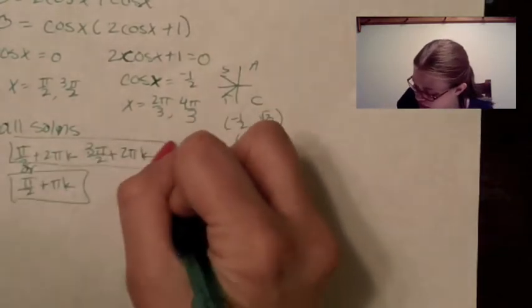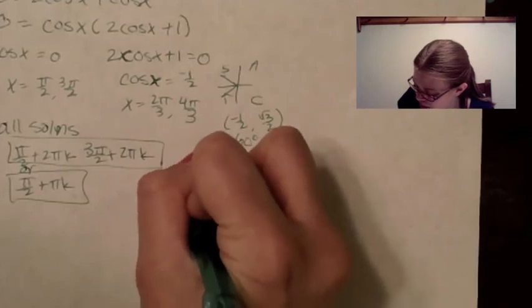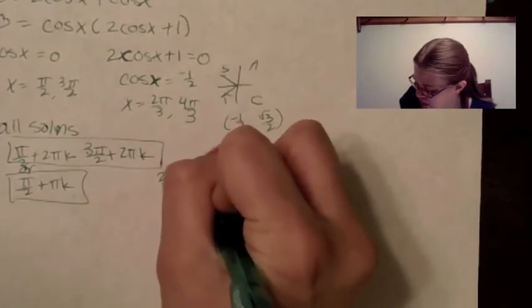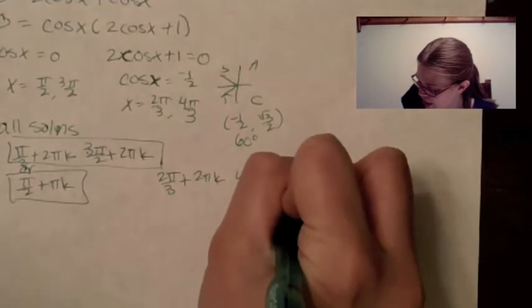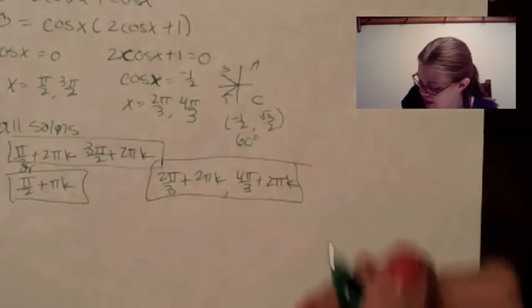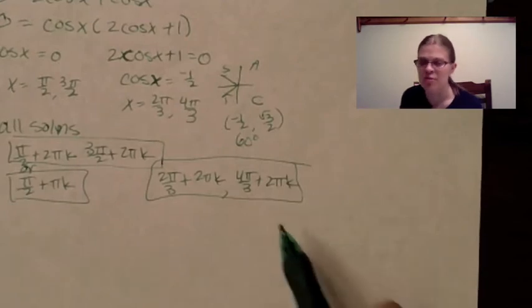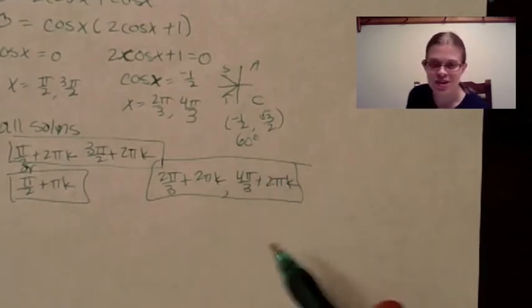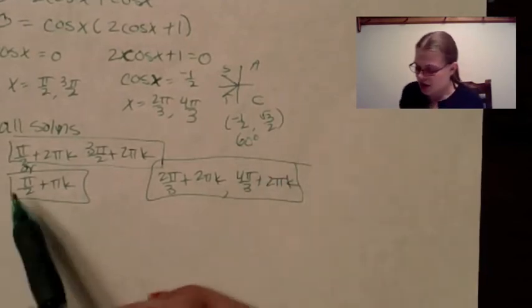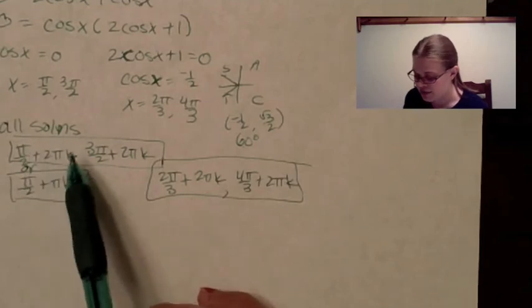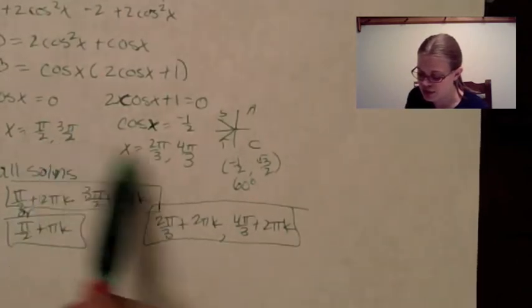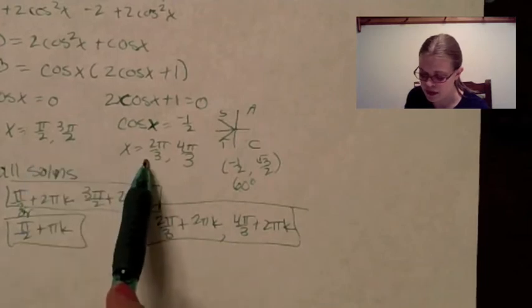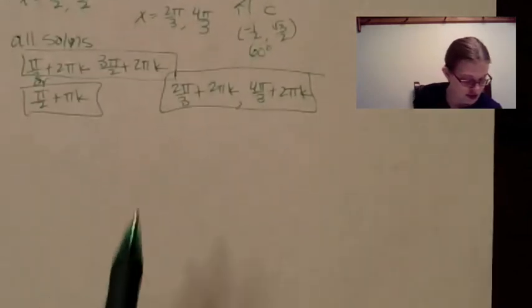And then I would have to do 2 pi thirds plus 2 pi k and 4 pi thirds plus 2 pi k. Or n. I can't remember if they use n or k in your book, but they're the same thing. They mean integers. So you could either have these for your all solutions, or you could have these for your solutions between 0 and 2 pi. Okay? Let me show you another one that we could do.